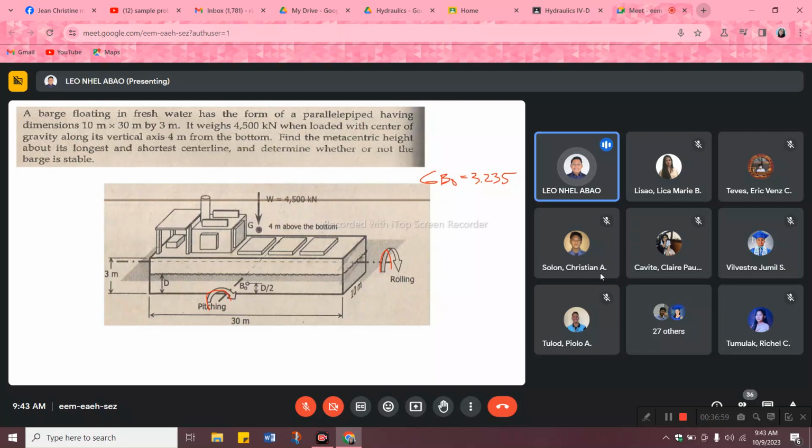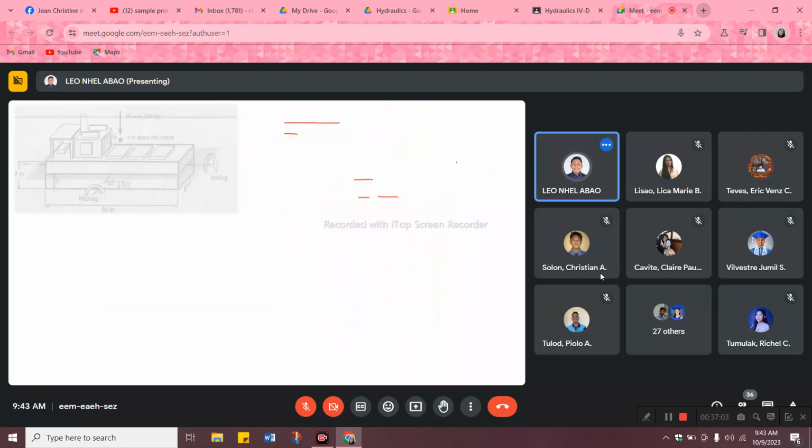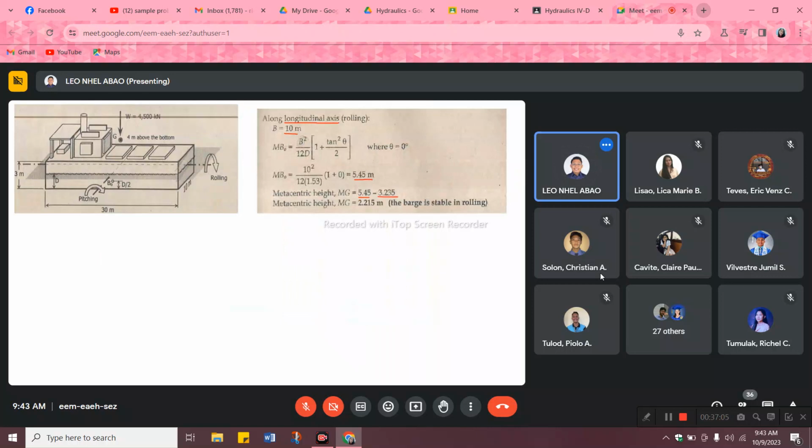So, magpabili na lang mystery, no? But sa muna sa GPO plus 3.235. We get our metacentric height as this one, 2.215 meters.